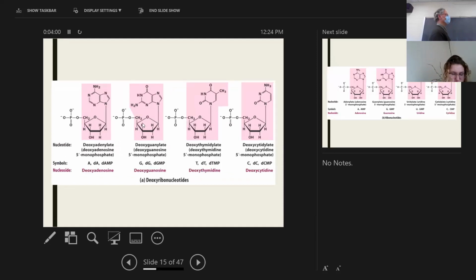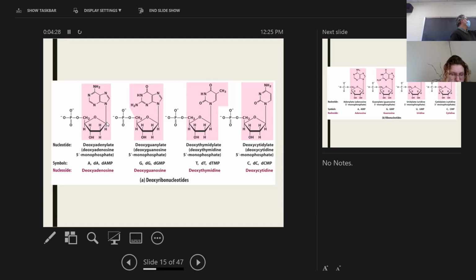And then if we notice, what's the sugar here? It's 2-deoxyribose, 1, 2, 3, 4, 5 carbons in a sugar.